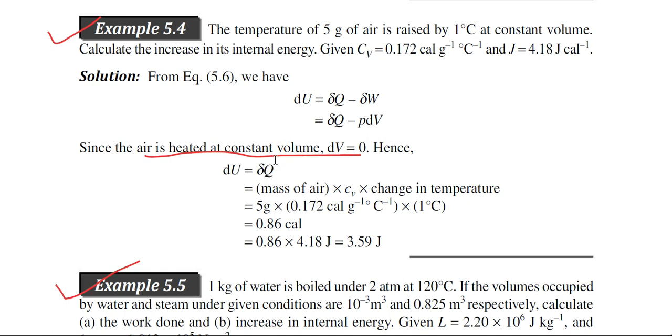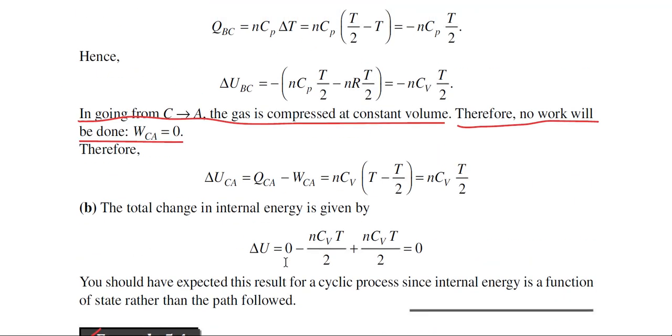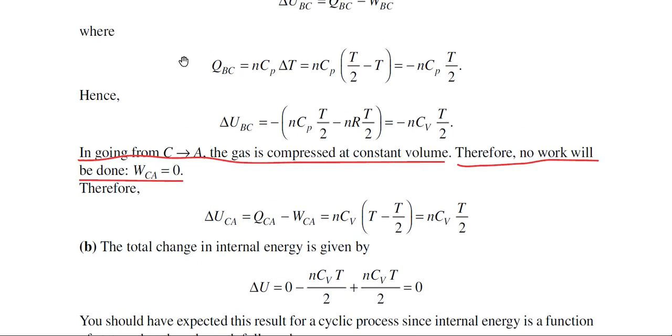So how to calculate delta Q? In this expression, delta Q is equal to m into Cv into change in temperature. But there may be some confusion, because in the previous example Q, which is also heat, was expressed as n into Cp into delta T. What is n? n is the mole number.